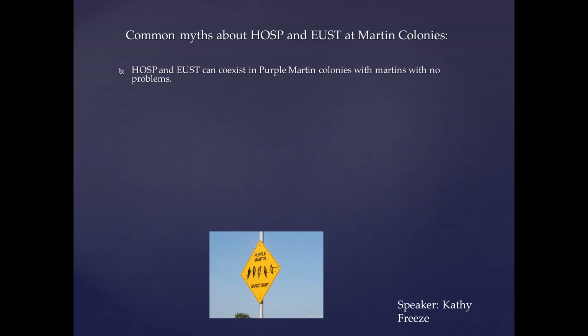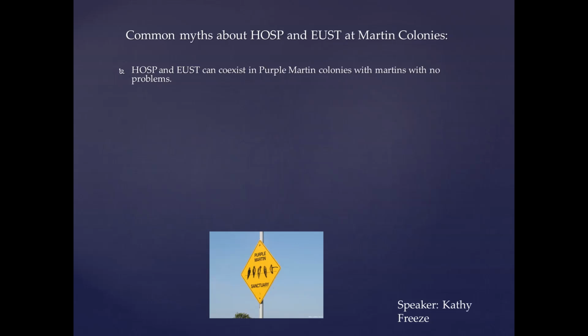A European starling is the same way. The European starling, as Courtney showed us earlier, has the needle beak, and they will kill your purple martins and take a nest, as well as the house sparrow will. So no, they cannot coexist. Some people say, oh, they look like they get along fine, but the people that think they can coexist are people that we have found are not doing nest checks.